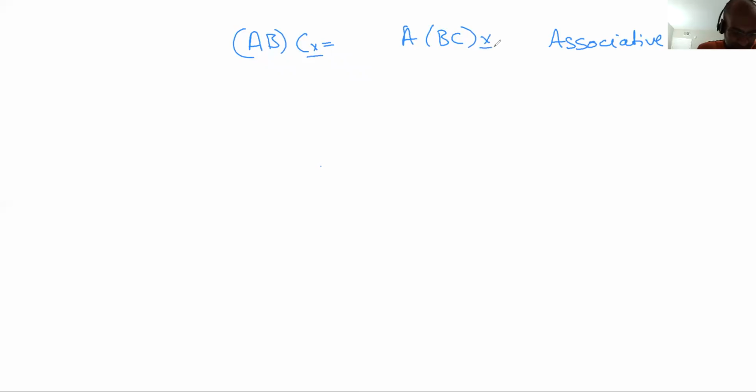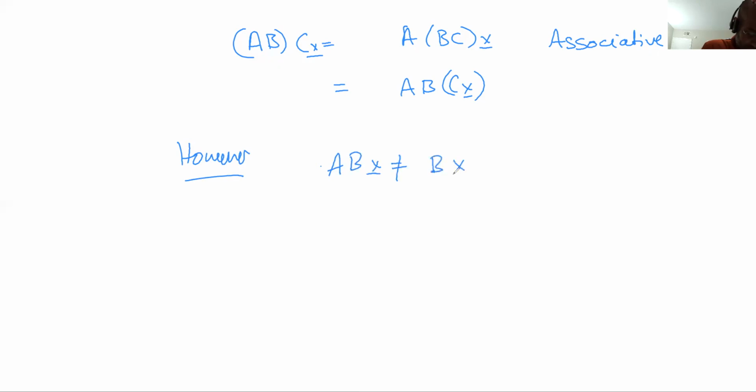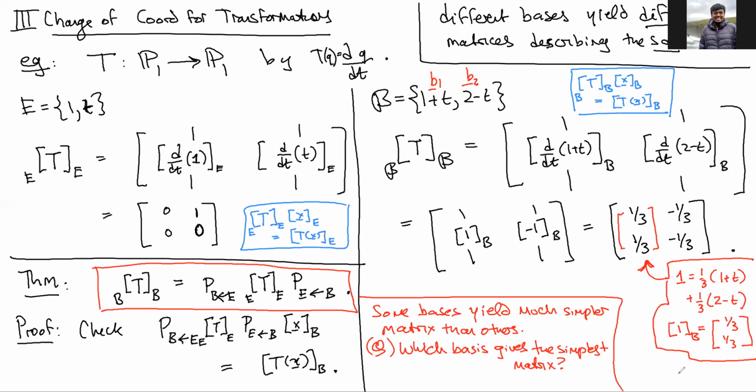That doesn't affect anything, which is equal to AB times CX, right? You can put parentheses wherever you want. However, as we have been drilling into, this is not true, right? Right. So by order, I just meant the order of putting the parentheses. Okay. Yeah. Thanks. That makes sense.